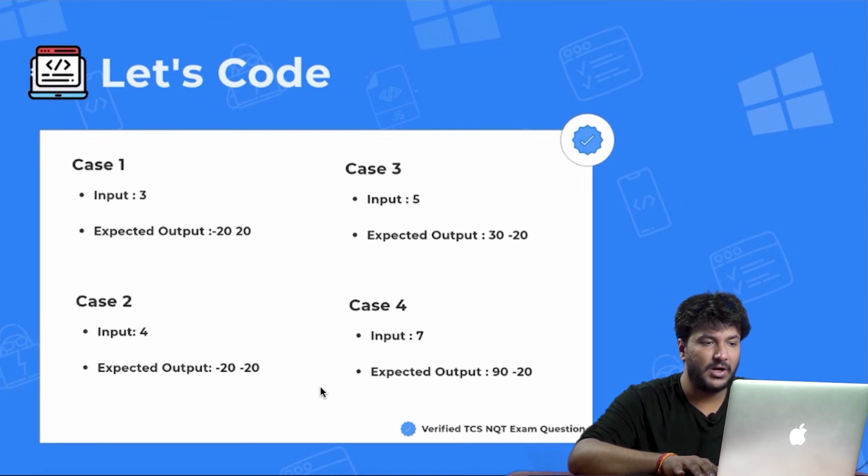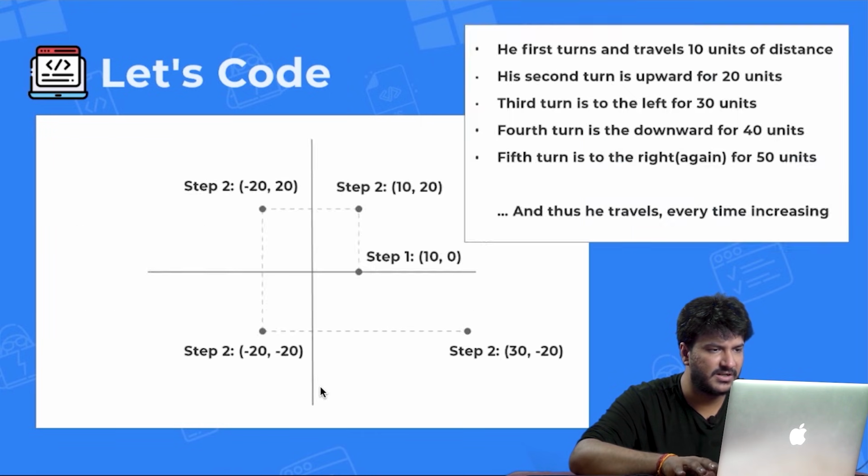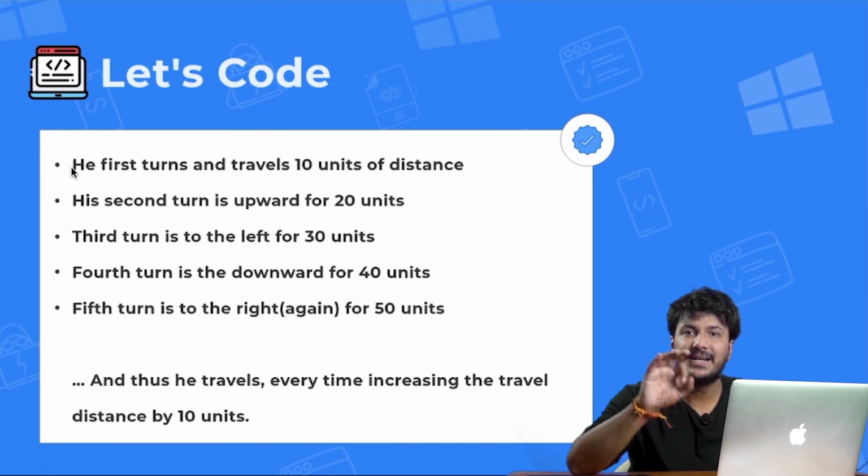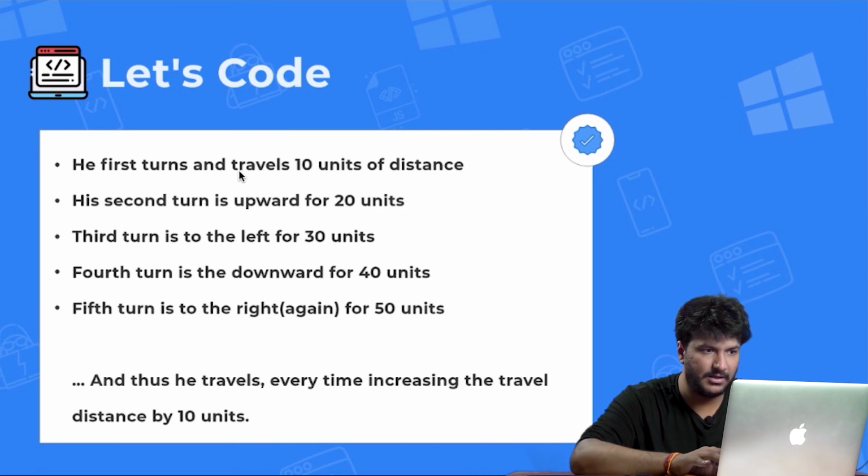Okay, so what they are saying here is, they'll give you an input. In fact, there should be the question somewhere. So they'll give you an input of 3. In that case, you mean that there are 3 as an input, so he makes 3 steps. So step 1 turns and travels 10 units.